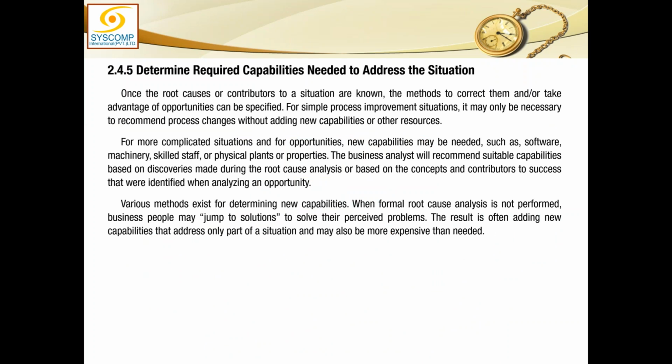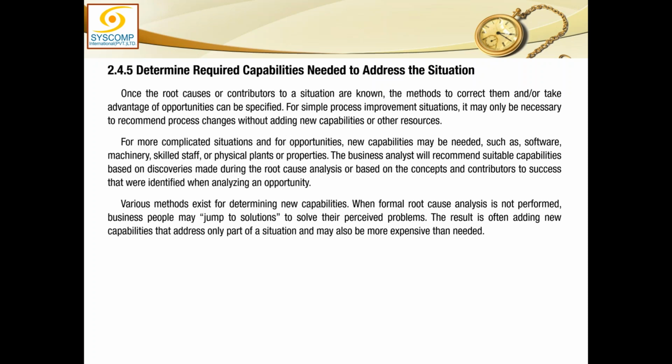For simple process improvement situations, it may only be necessary to recommend process changes without adding new capabilities or other resources. Maybe there is a faulty process, you fix that process and the problem is resolved, that is all. But sometimes you will say that this person is doing the job incorrectly or he is not capable of doing it.